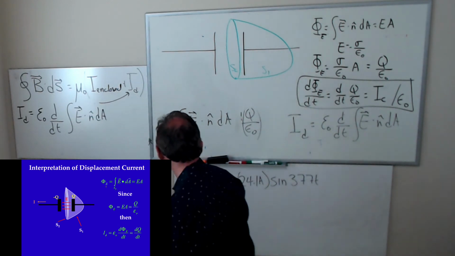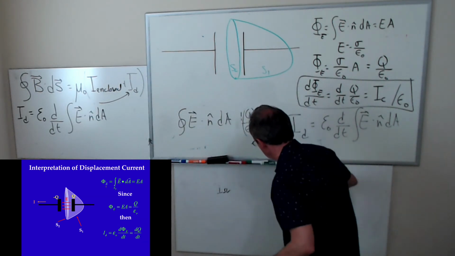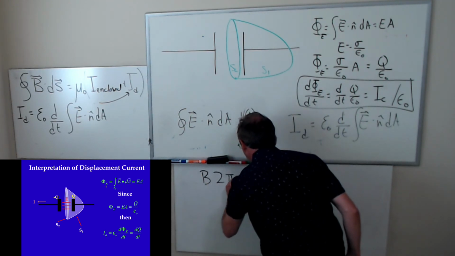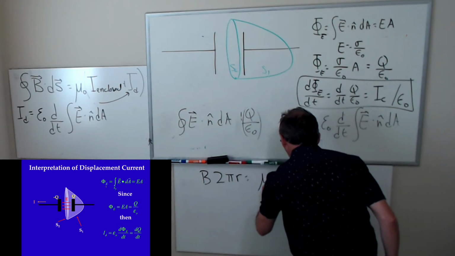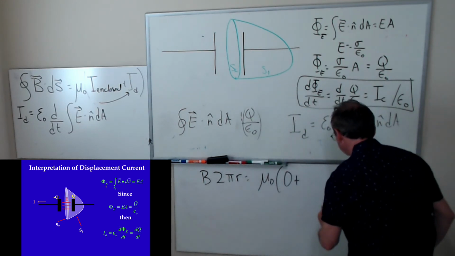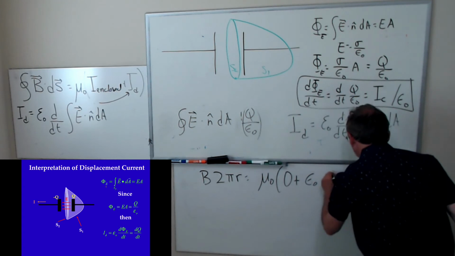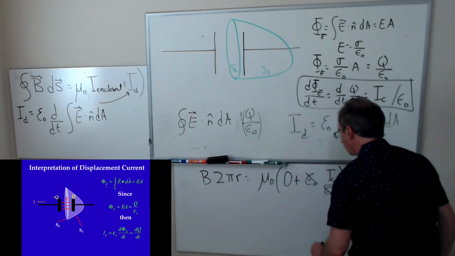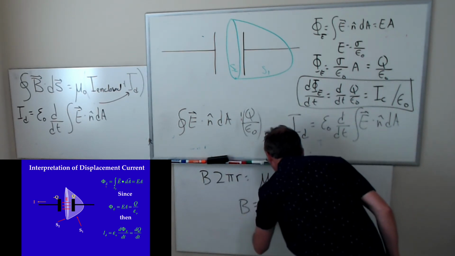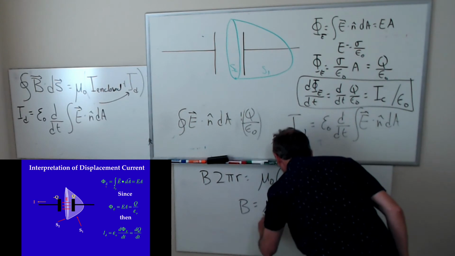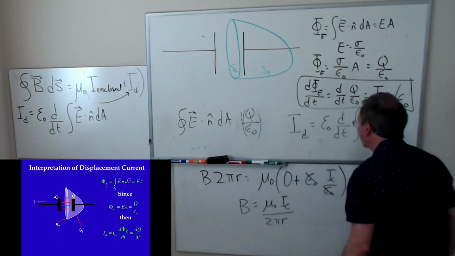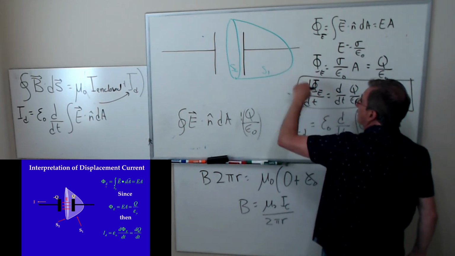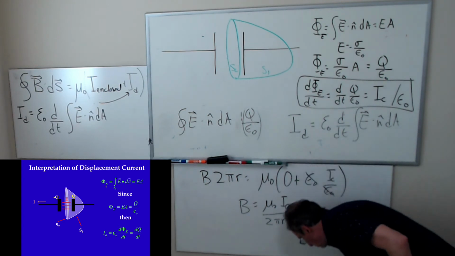If I apply this equation directly, I get the same field here as I would, let's say if I calculated here at the same distance away.